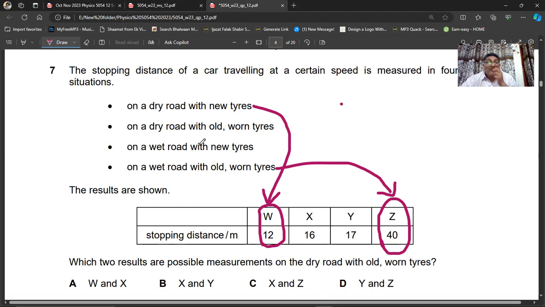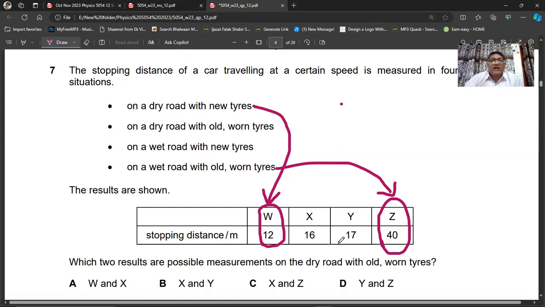A wet road with the new tires, because of the new tires, the dry road with the old tires should cover more, because the old tire is a bigger factor. Okay. So I think Y should be the answer.